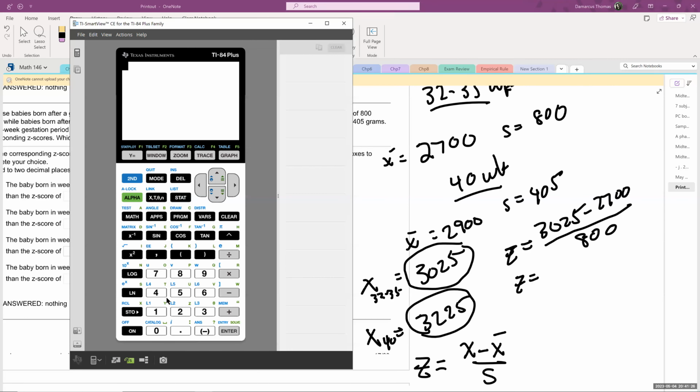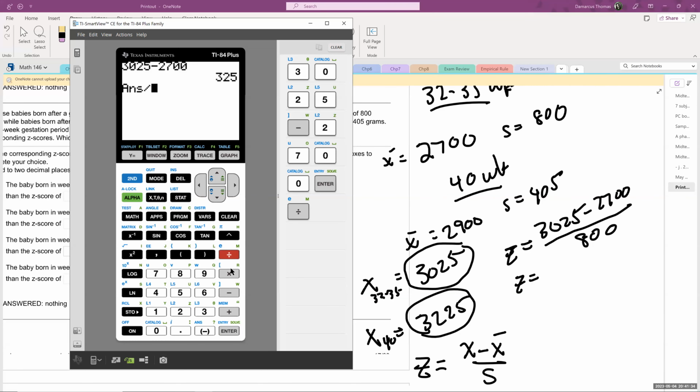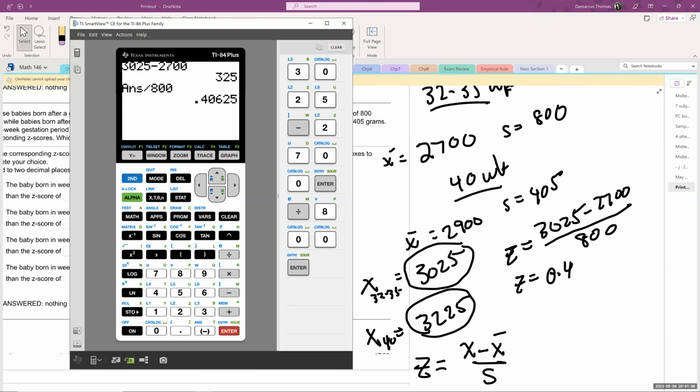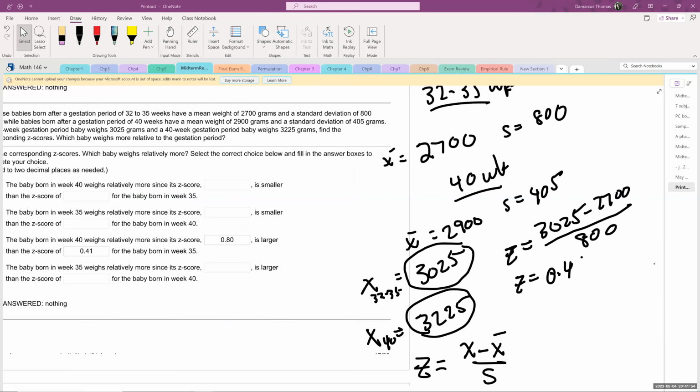And now I can just do 3025 minus 2700, and I'm going to divide that answer by 800. Still positive. I get a z-score of 0.40625.